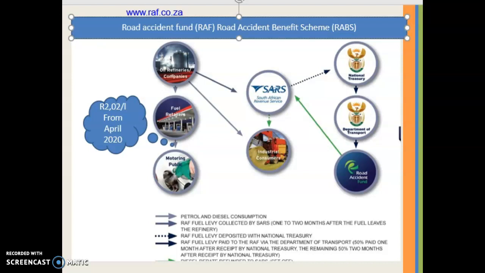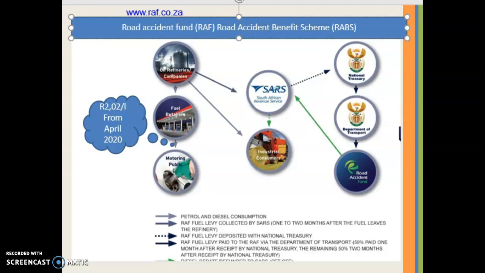The next of kin of workers or breadwinners who were injured or killed in road accidents may claim directly from RAF. Injured parties and negligent drivers are both covered by RAF. The injured party will be compensated irrespective of whether the negligent driver is rich, poor, insured, or uninsured.